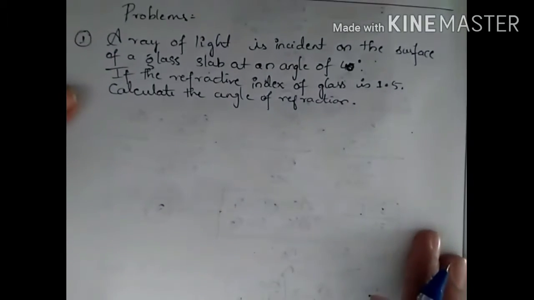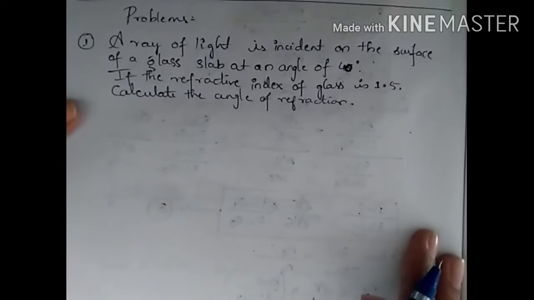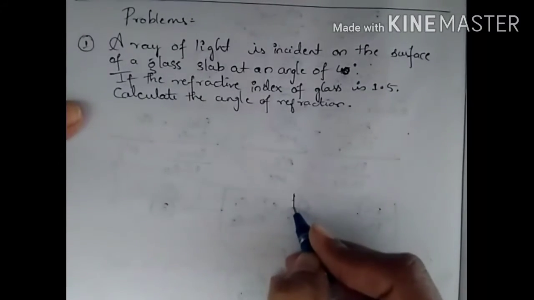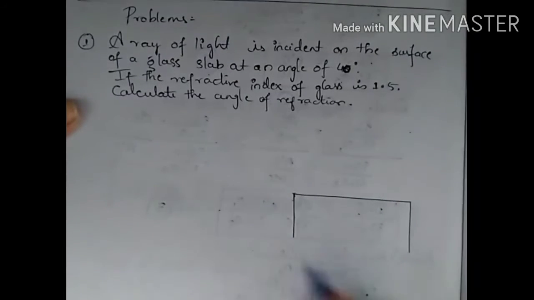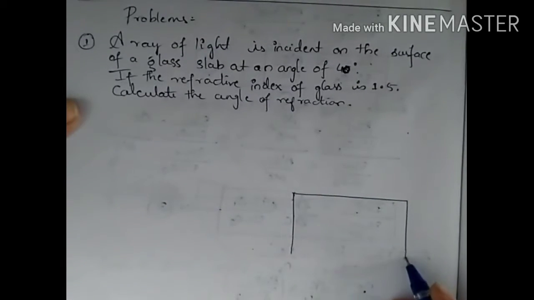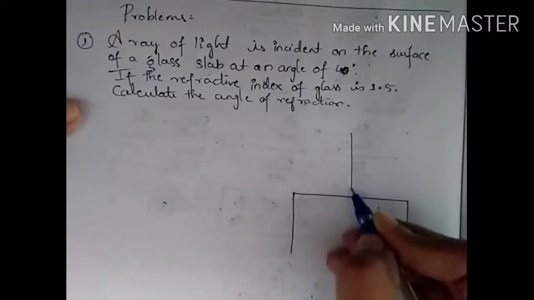So here light is traveling in the air medium and gets incident on the glass slab. Let me draw the diagram. Let's suppose this is the glass slab, and this is the normal.